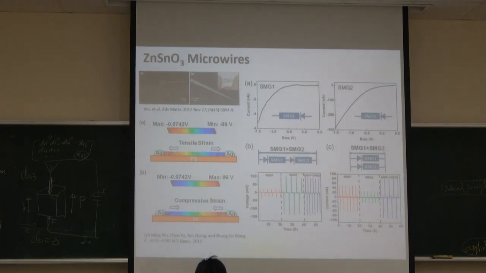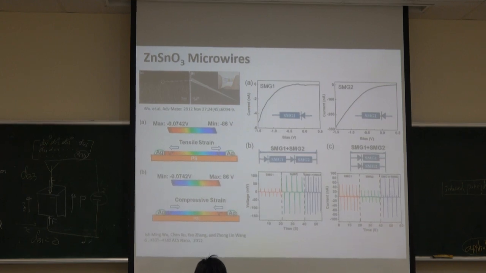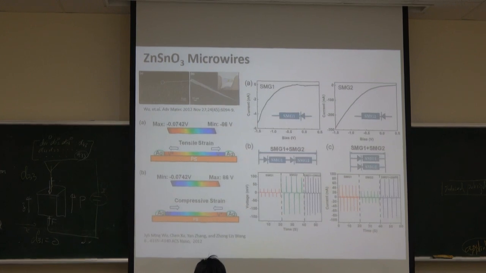Because we have discussed metal and semiconductor IV curves. If this is I and this is V, this is ohmic. Ohmic contact looks like that. Schottky contact looks like that.